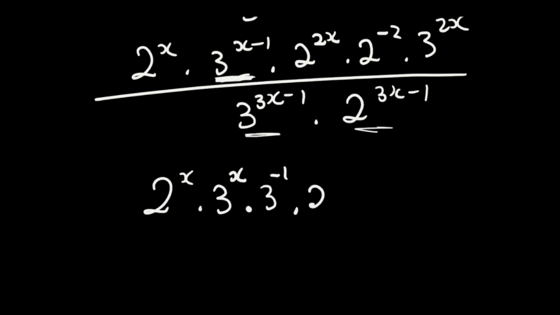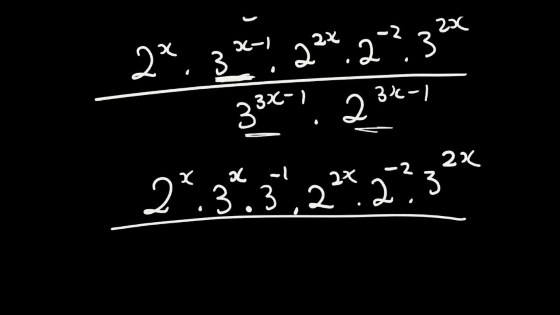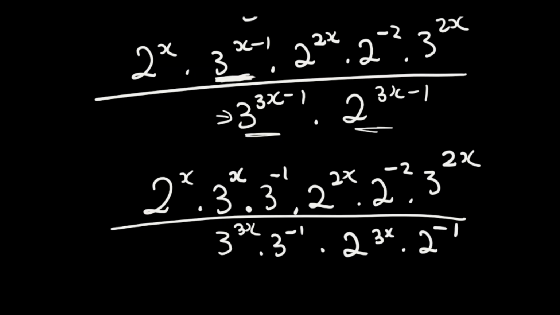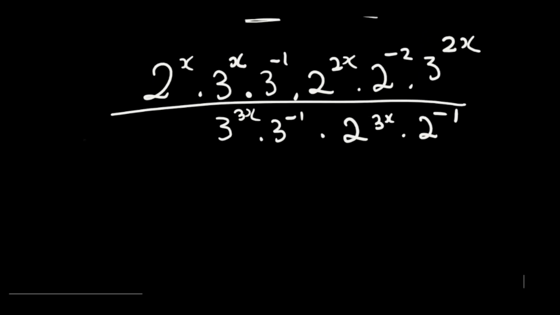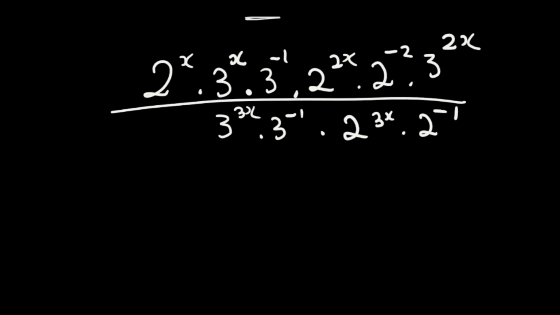And then multiplied by 2 to the power of 2x multiplied by 2 to the power of minus 2, multiplied by 3 to the power of 2x divided by, we simplify this, 3 to the power of 3x multiplied by 3 to the power of minus 1 multiplied by 2 to the power of 3x multiplied by 2 to the power of minus 1, right? So if you're having problems with expanding these, please let me know in the comment section.